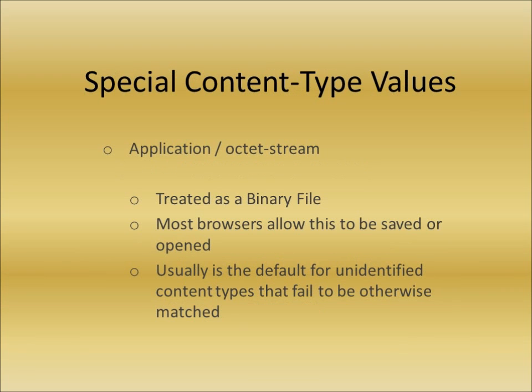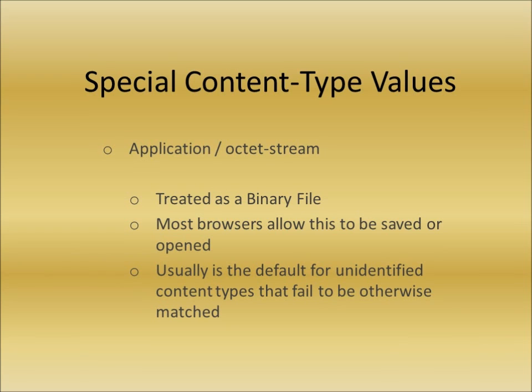Okay, so in the next few slides we'll discuss some of the special content type values. Content type application octet stream is sort of a catch-all for unrecognized content types. It generally designates content type that should have no special meaning to the server or the client.